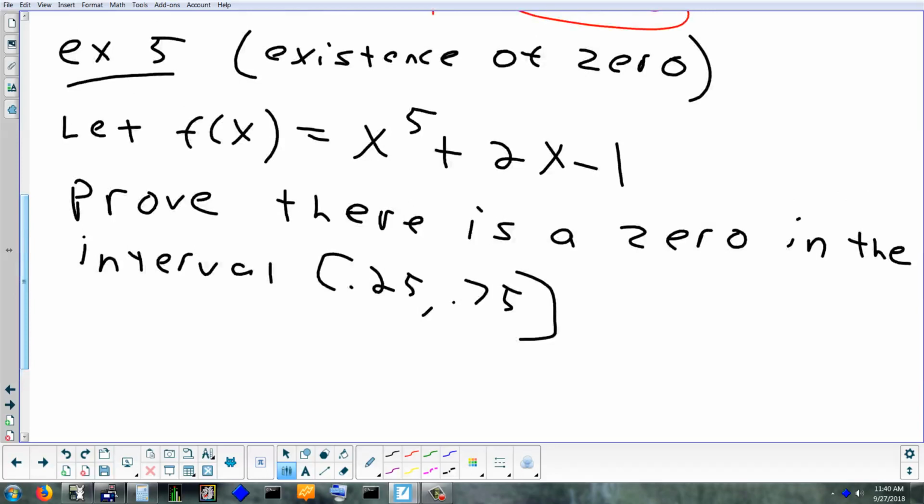Right, so x to the 5th plus 2x minus 1. That's a 5th degree what? What kind of graph is f of x? It's not going to be like a super specific name.